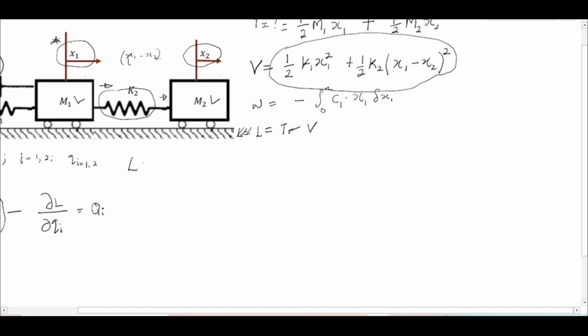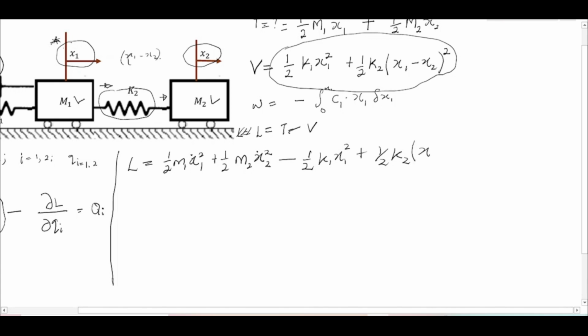So L is equal to T, which is half m1 x1 dot squared plus half m2 x2 dot squared, minus V, which is minus half k1 x1 squared plus half k2 times x1 minus x2 squared.